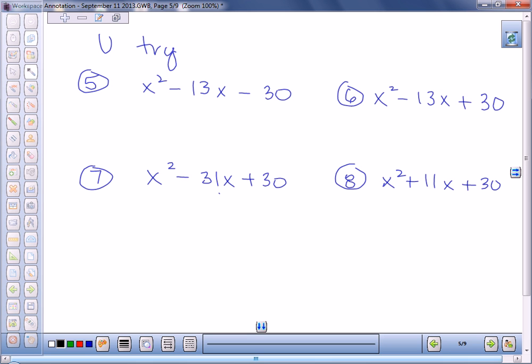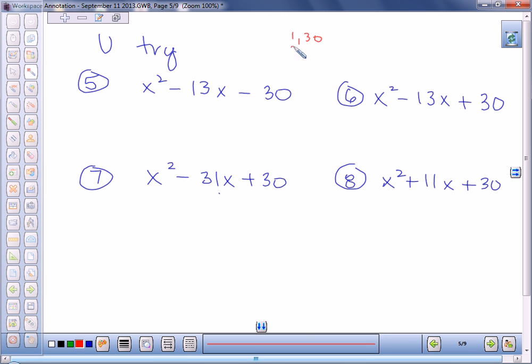All right, and Drew just made a good point. Those of you that rocked your multiplication tables are going to love this, because you look at 30 and you automatically think of everything that makes up 30. The factor pairs for 30 are like flashing red lights in your brain.